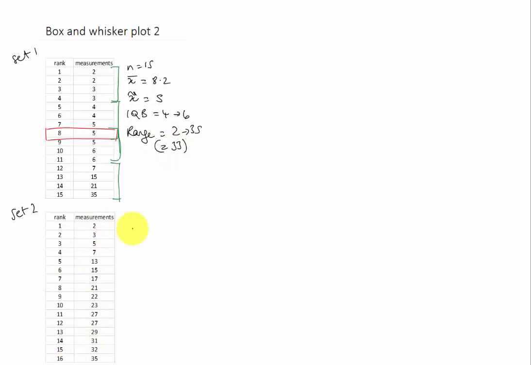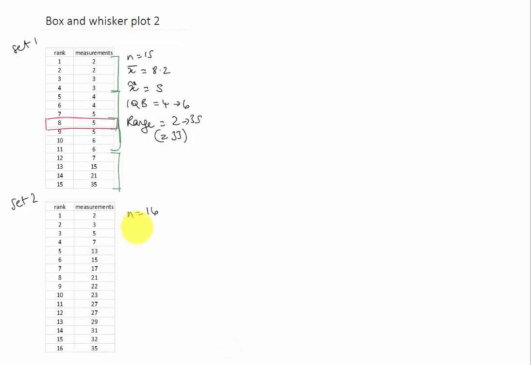Okay, now let's do the same for this data set, for set 2. So here n is 16, so that's an even number. I've done that for a reason, and I've calculated the mean of this sample is 19.3. And the median, so here we have to go slightly different.